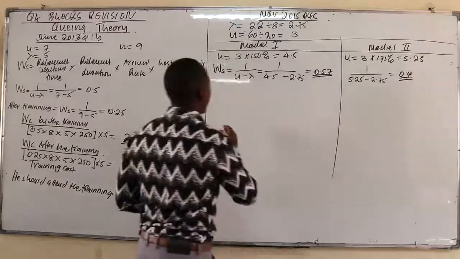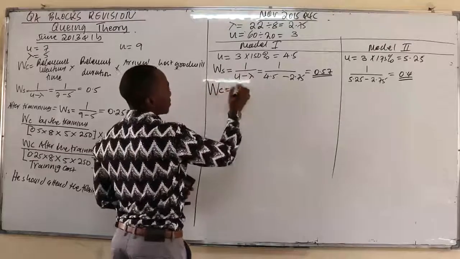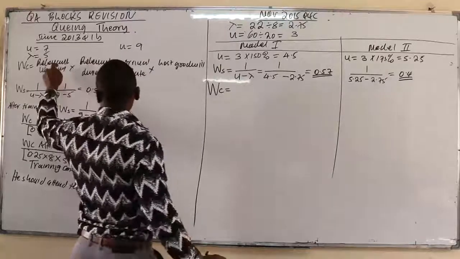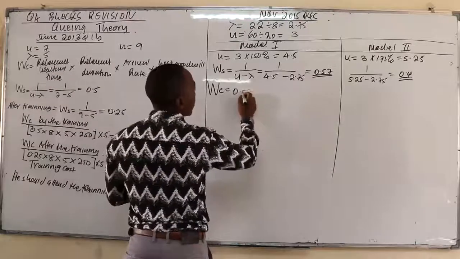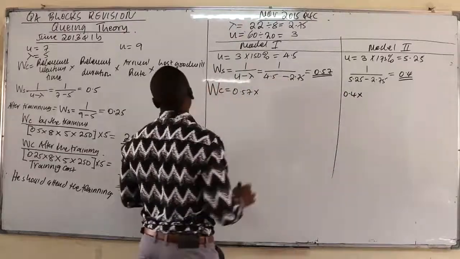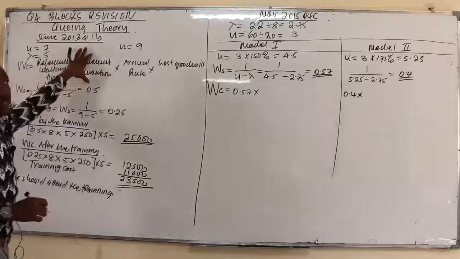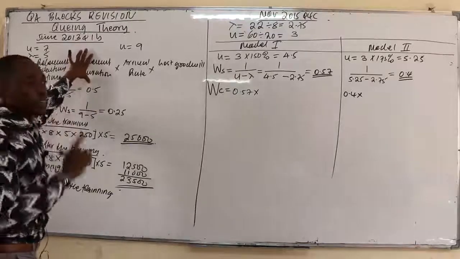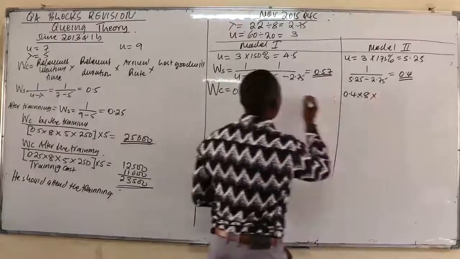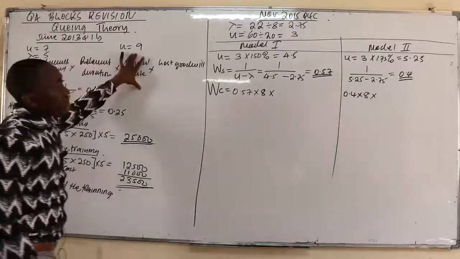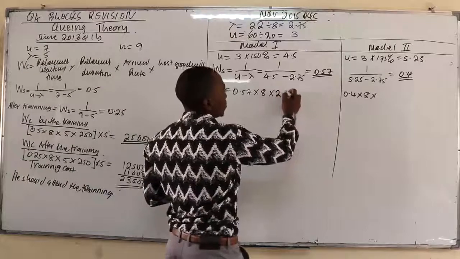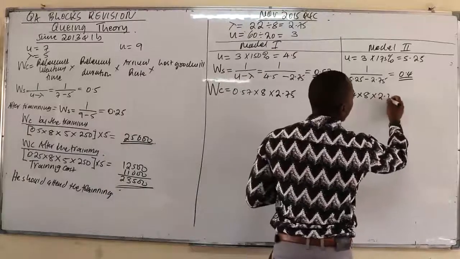So now let's get the waiting cost. Waiting cost, we say that you take relevant waiting time, and relevant waiting time in this case is 0.57. Here it's 0.4. Then you multiply by relevant duration. We are told that the typists work 8 hours in a day. So you multiply by 8, then you multiply by arrival rate. Arrival rate does not change, it was 2.75.